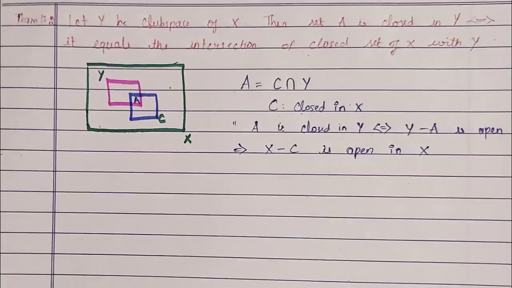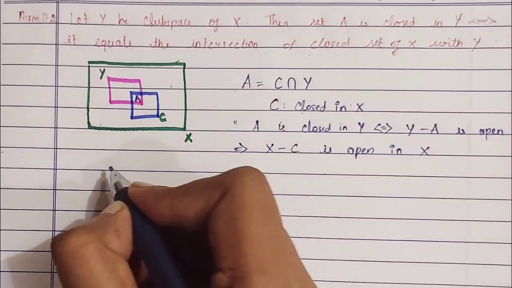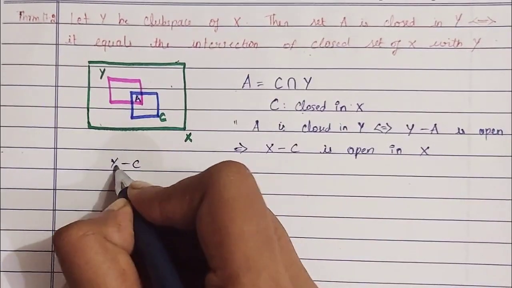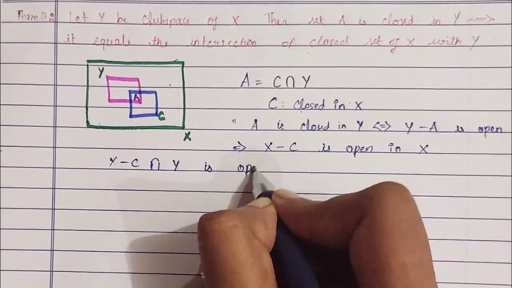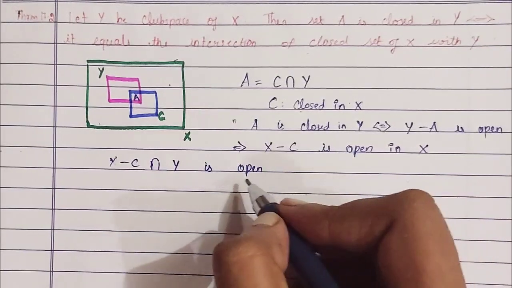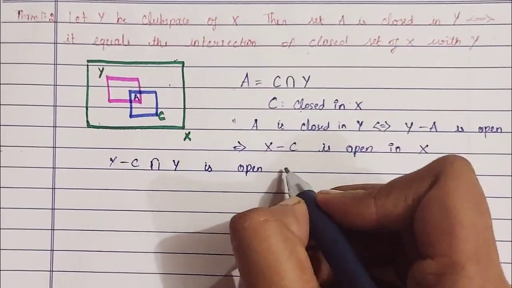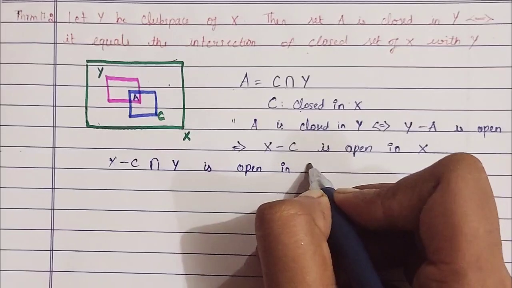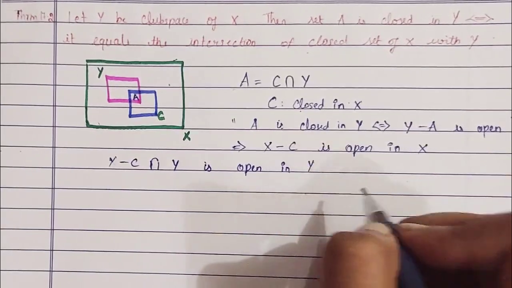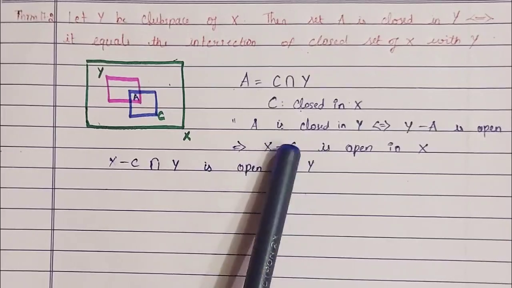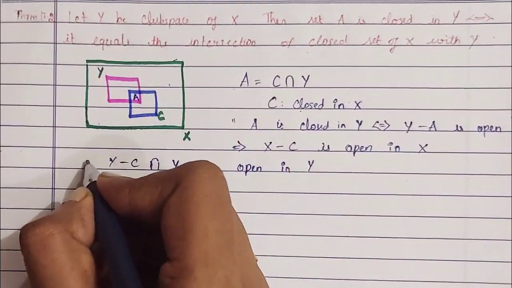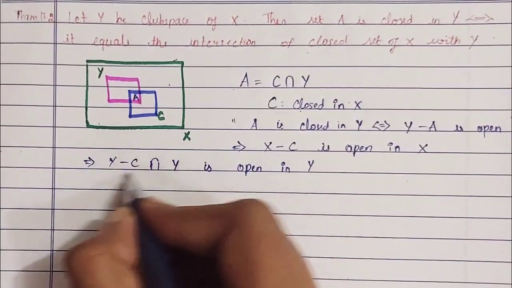So after this step you have to write this one. From this step they have gone to X minus C intersection with Y is open, but you should know how it is open, right? Open in Y. So we have got this one and they have gone to this step, but how is this possible?